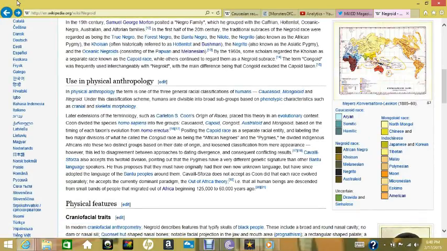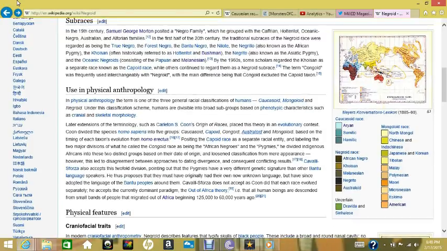His name is Samuel George Morton, and he posted a Negro family, which he is grouping with the Hottentot and Bushmen and the Australian and Oceanic Negro.